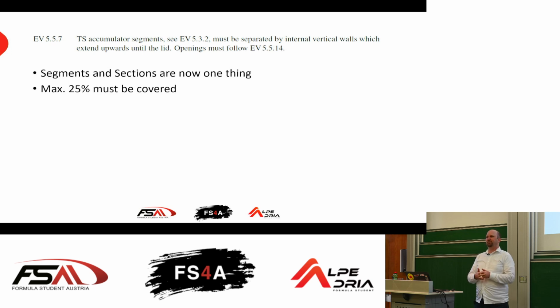So nowadays we have segments with a maximum of 120 volts or 6 megajoules, and between these we have to have firewalls. They now have to go up to the ceiling of the container the whole time, but 25% of these walls might have holes.